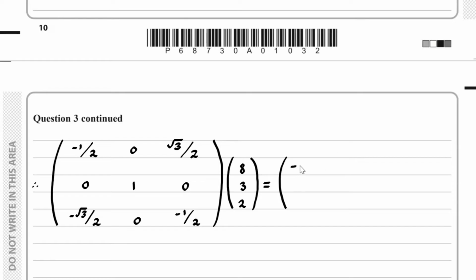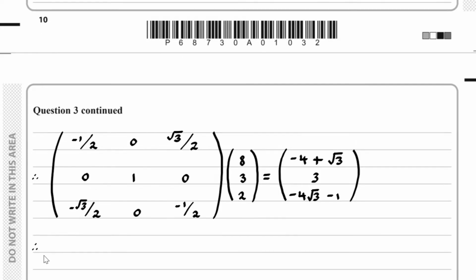So here we end up with minus 4 plus root 3, and then we've got 0, 3, and then 0, and then we've got minus root 3 over 2 times 8, plus 0, minus 1. So I end up with minus 4 root 3, minus 1.